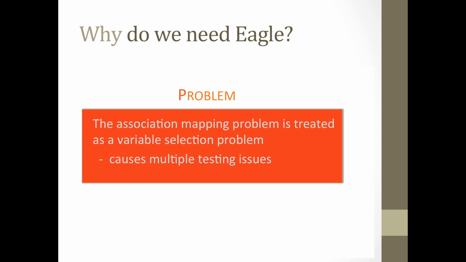But that creates some problems because what we have is a situation in most cases where the number of SNPs we have, or number of variables we have, far outweigh the number of samples. So that causes some challenges, and the way we get around that using standard approaches is that we just look at the significance of each SNP in turn. But that causes some problems, and it's known as the multiple testing issue.